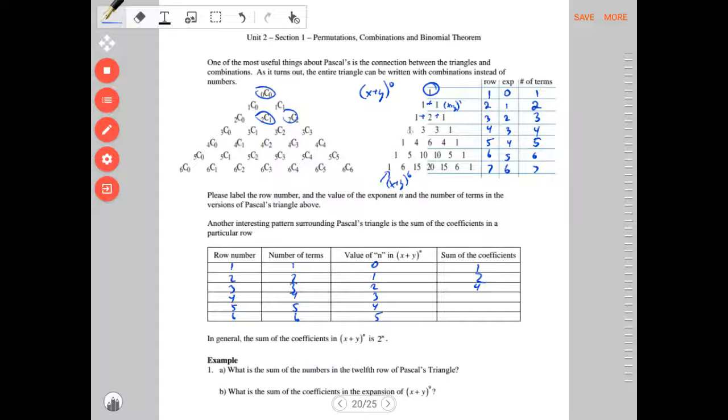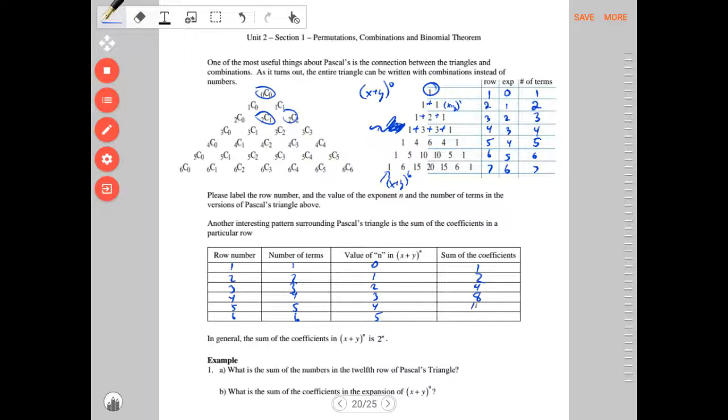In the next one, 1 plus 3 plus 3 plus 1, that's 8. Are you seeing a pattern yet? Let's do one more. 1 plus 4 is 5, plus 6 is 11, plus 4 is 15, plus another 1 is 16.